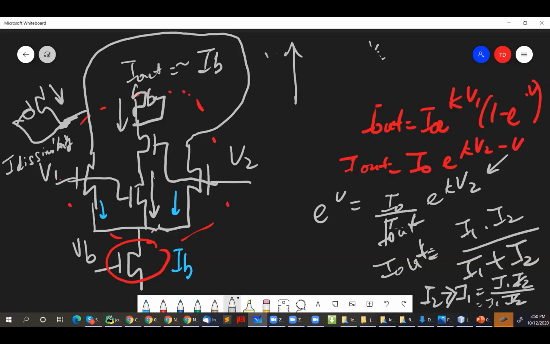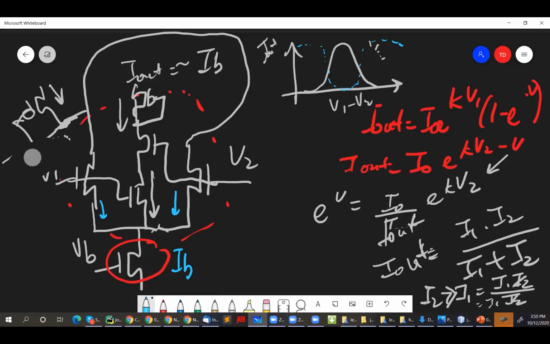So essentially you've got the one curve here, where, let's just say it's V1 minus V2, this is your I out. So this is your similarity current. And then you have the other one here, which is going to look like this, and we call it the anti-bump. So let me change this back to be consistent. So this is the anti-bump current, and this would be your bump current.